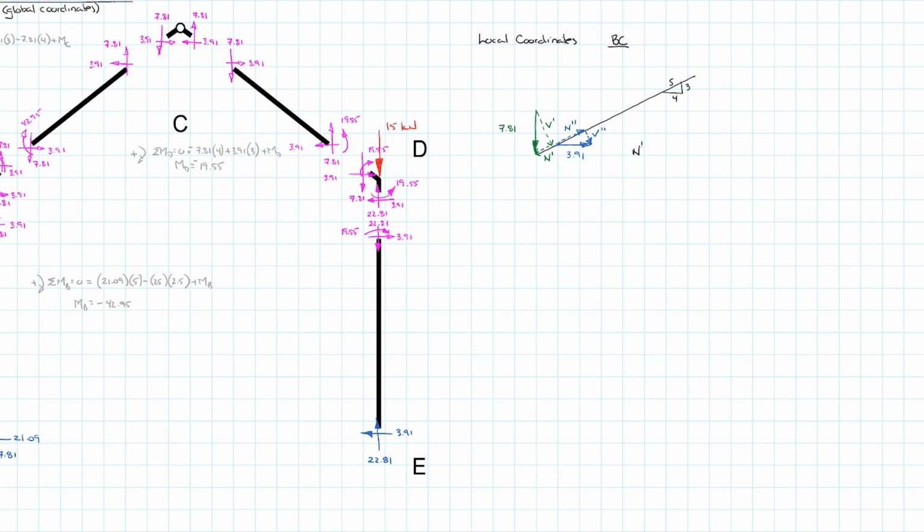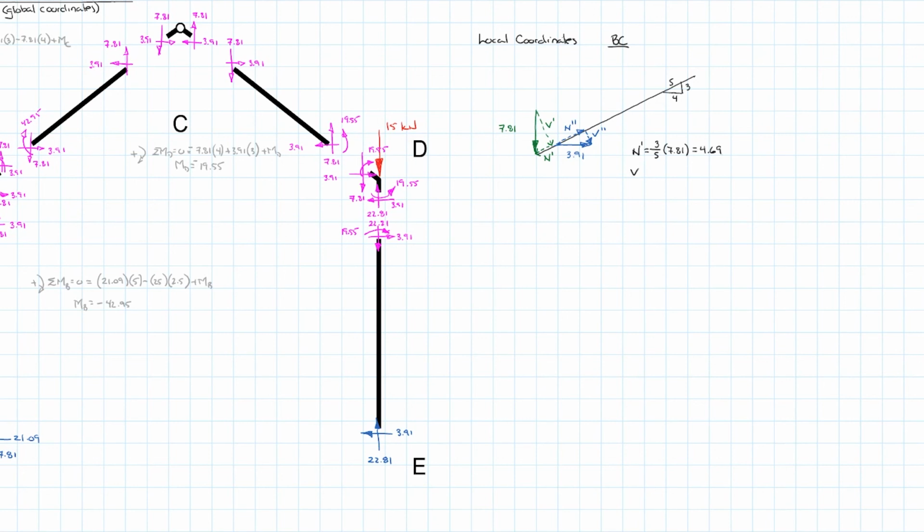So N prime is equal to, and if you look at N prime, they are all in relation to this 3, 4, 5 triangle. So the 7.81 is the hypotenuse, the N prime is the shorter of the two sides. So that means that this is 3/5 of 7.81 or 4.69.